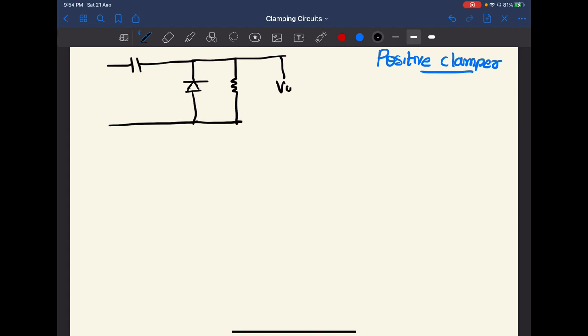So this is our V output, that is the voltage across this resistor, capacitor, diode, and here we supply our input voltage in this manner. For the time being, assume that the voltage across the capacitor is Vc and the output voltage is on this side.